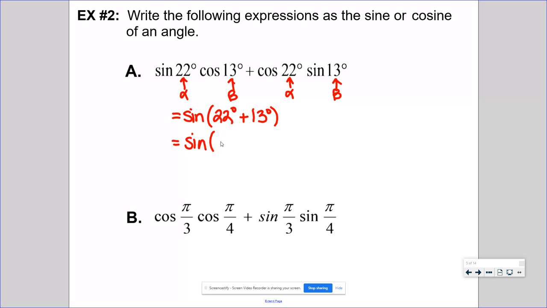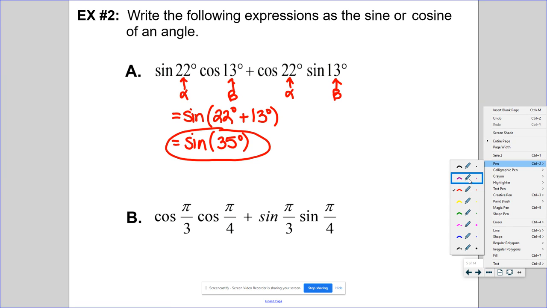Add those two together and you get 35 degrees. Now for this question, it says write the following expressions as the sine or cosine of an angle, meaning you would stop right here because that actually is not something that you know. So the purpose of these questions is just to choose the right formula and practice with them.